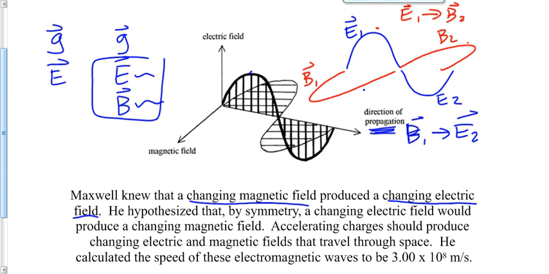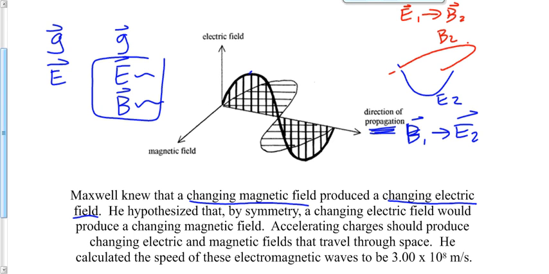But now remember, these guys are gone. We can't create energy from nothing. So as E1 produced B2, E1's gone. The energy from it is now in the form of a magnetic field, B2. And as B1 produced E2, B1 is gone because the energy from it is now present in E2.